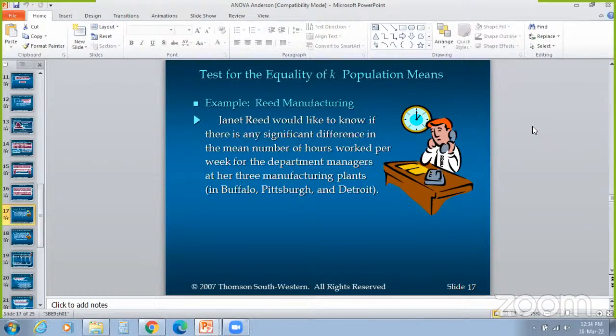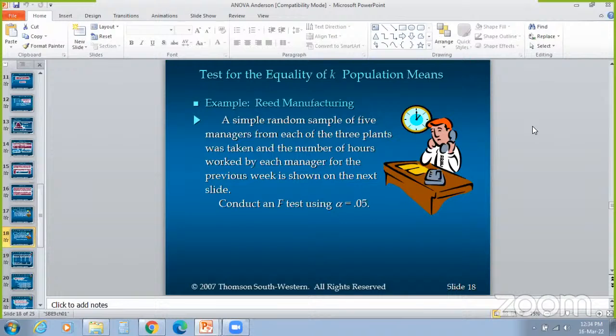That is the problem. For this problem, the null hypothesis is that there is no difference in the average number of hours worked by the managers. The alternative hypothesis is that in at least one plant, the number of hours worked by the managers is different. This is the null and alternative hypothesis.